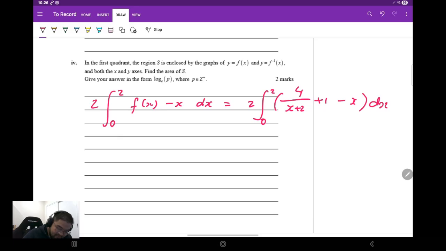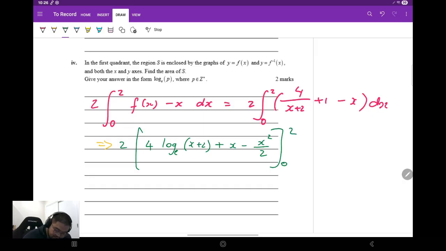All right, let's be careful with this one. The antiderivative of this is going to be 4 log e of (x plus 2), then plus x, minus x squared on 2, and we're evaluating this from 0 to 2.